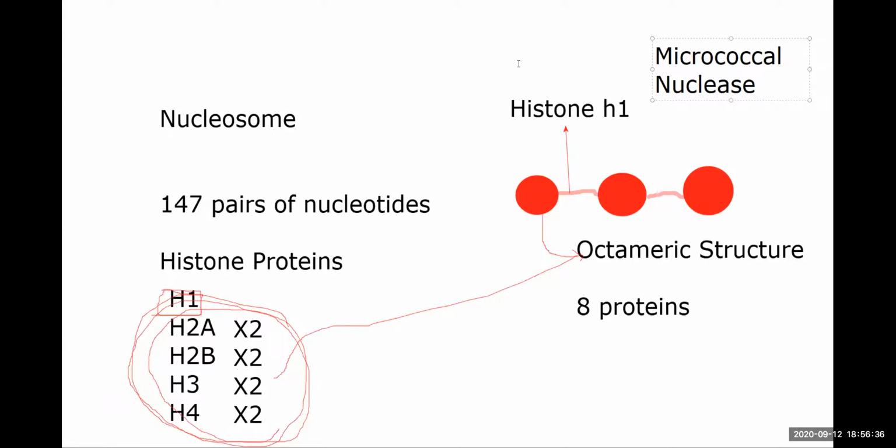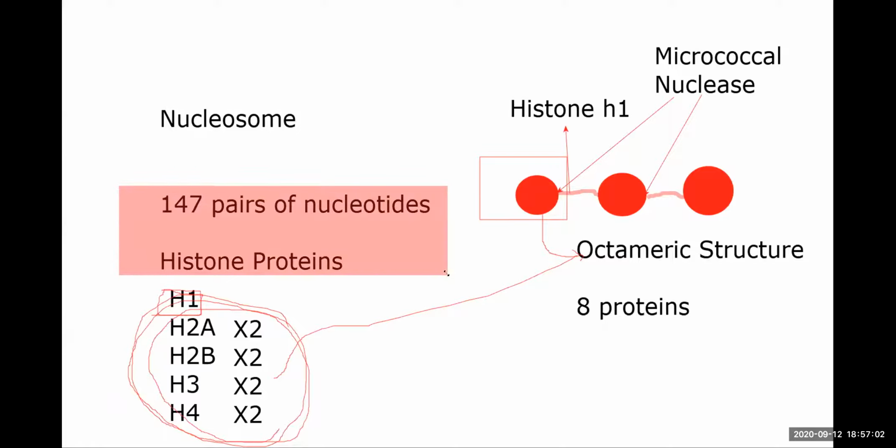What it does is that it cuts at the junction of histones and DNA. And when scientists analyzed this structure, they found 147 base pairs of nucleotide and an octamer of histone proteins.